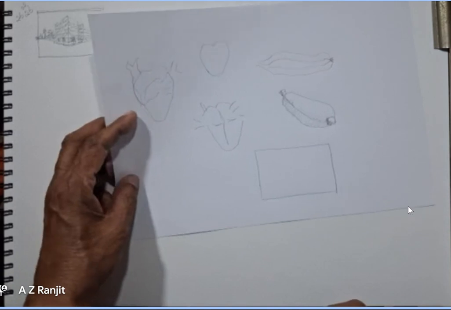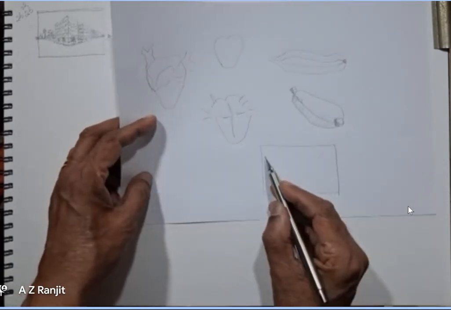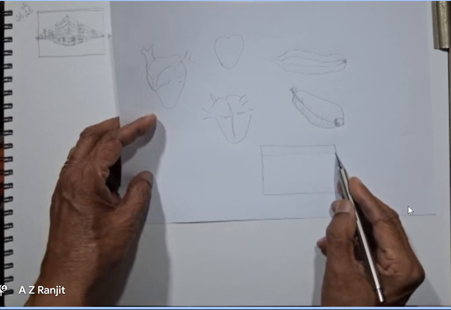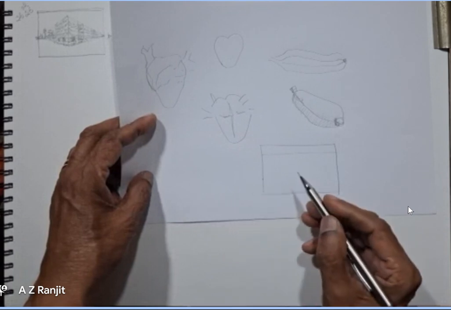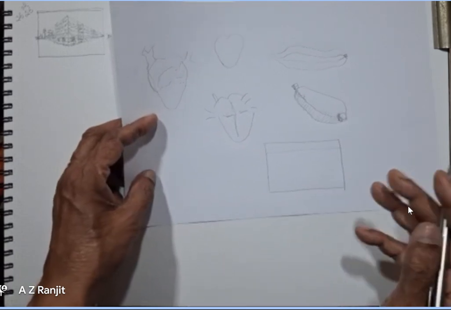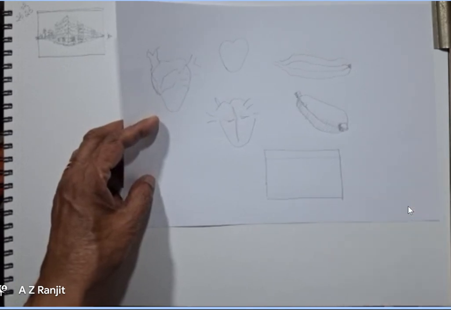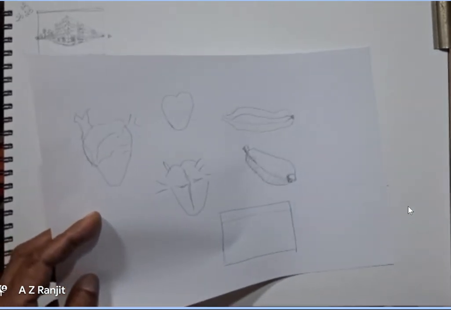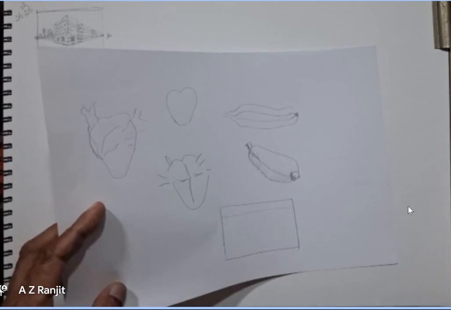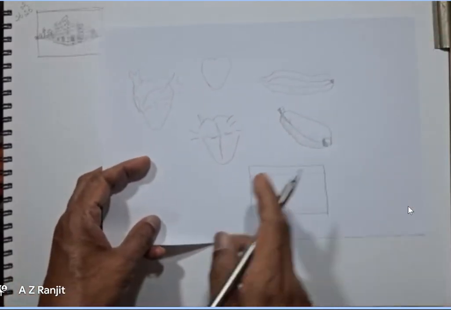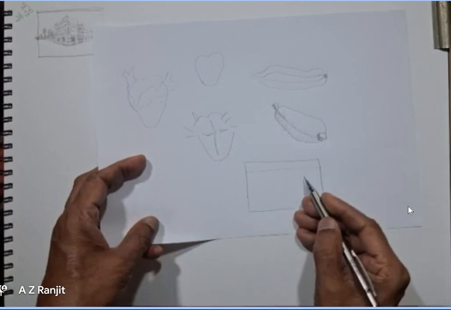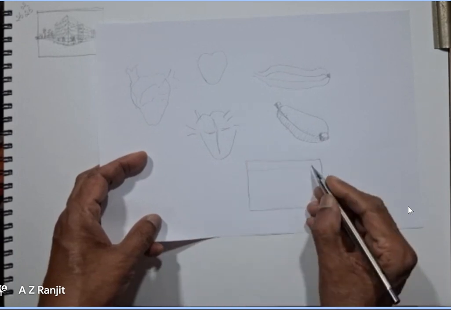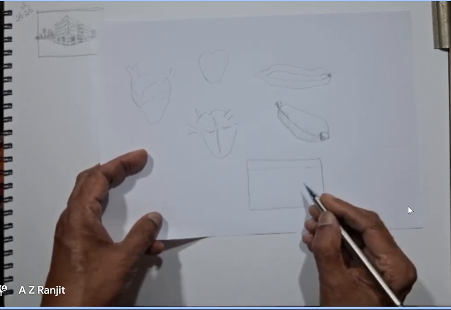When I lift my eye level, it is somewhere here. And I'm slightly turning and looking at the table, which is turned like that. I'm sitting here and looking at the table here. So the vanishing point would be there.